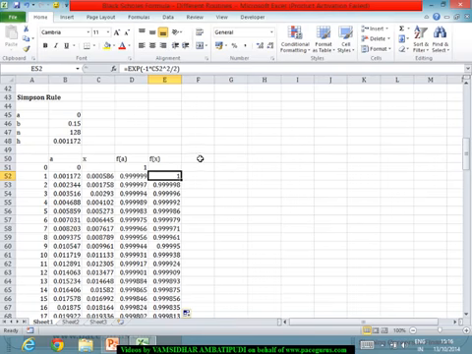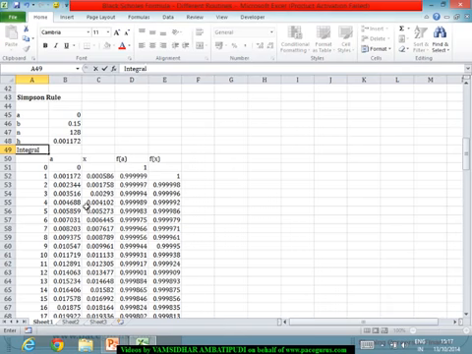And from here I can very well find out my integral value.